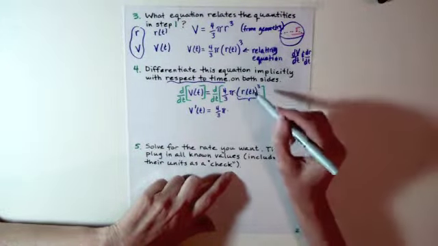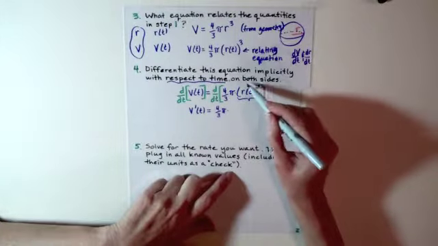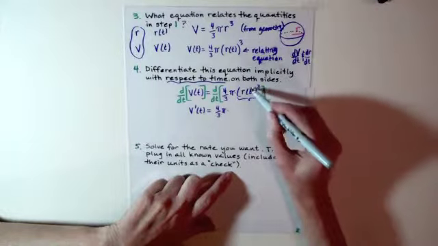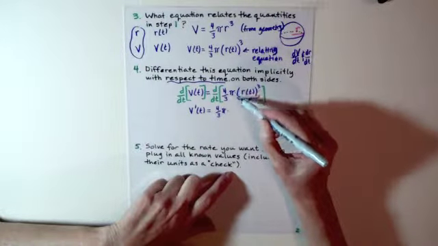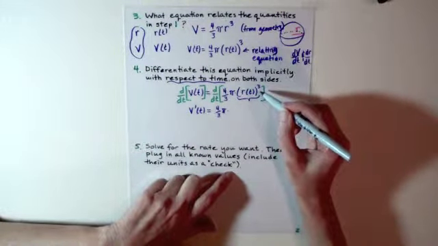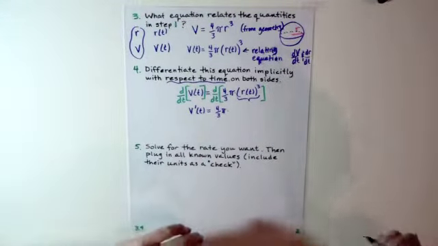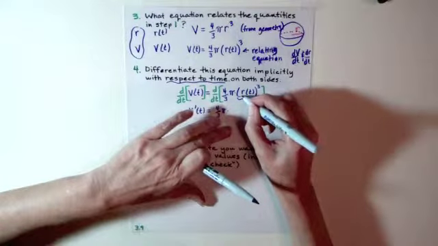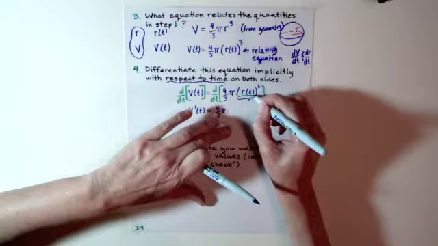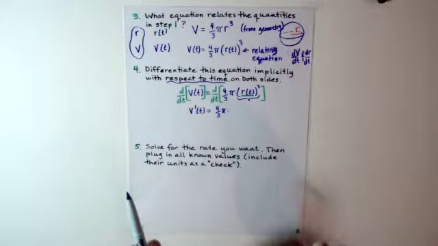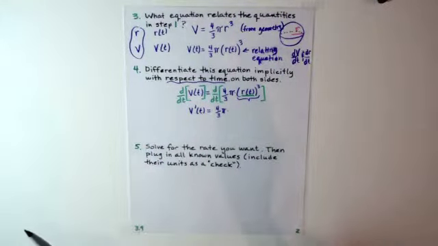Now I want you to think about taking the derivative of this expression with respect to the input variable, time. Notice that I have r of t inside the cubing function. It's really got an inner function and an outer function. It's a composition of two functions. My inner function is r of t. It's what we thought of as g of x in our composition of two functions, f of g of x.